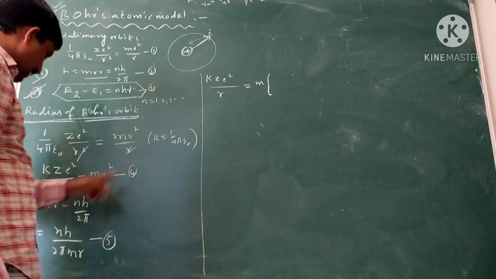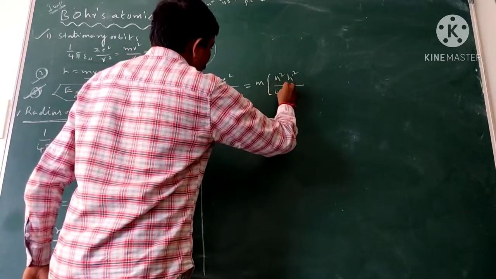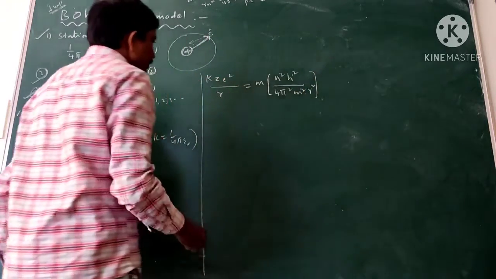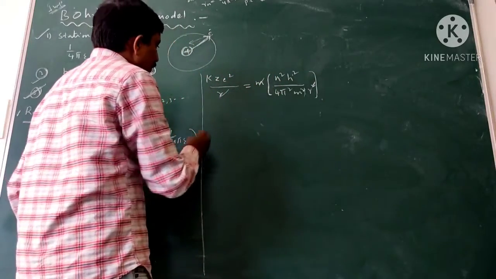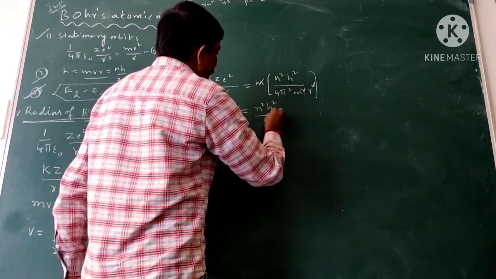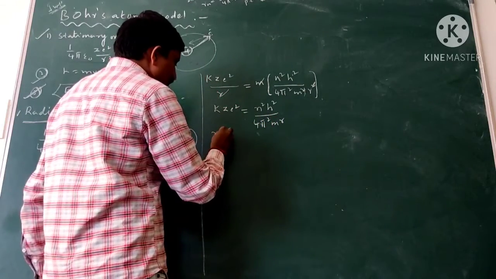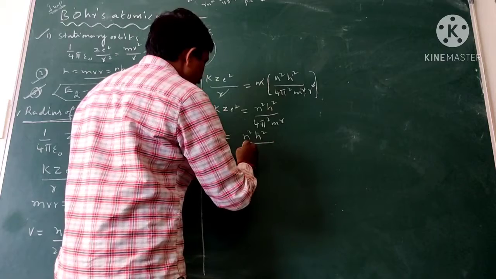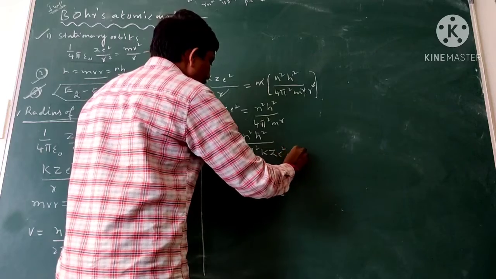Here v square is nothing but n square h square by 4 pi square m square into r square. So here one m gets cancelled, one r gets cancelled. Okay, so k Z e square is equal to n square h square by 4 pi square m into r. So r n is equal to n square h square by 4 pi square k Z e square into m.